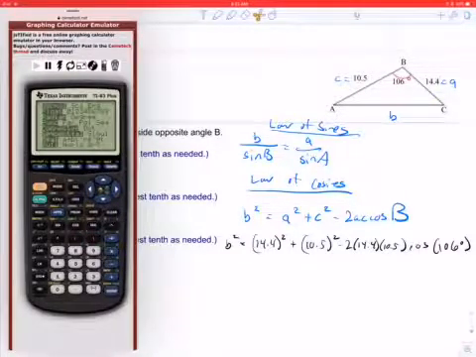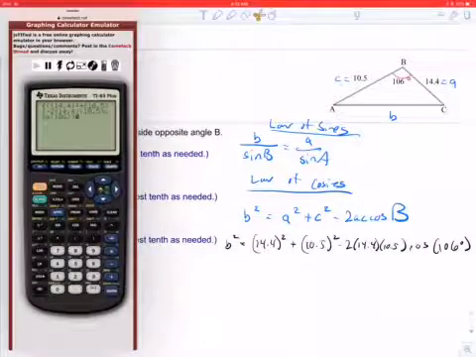And in mode, we want to make sure that we're in degrees.